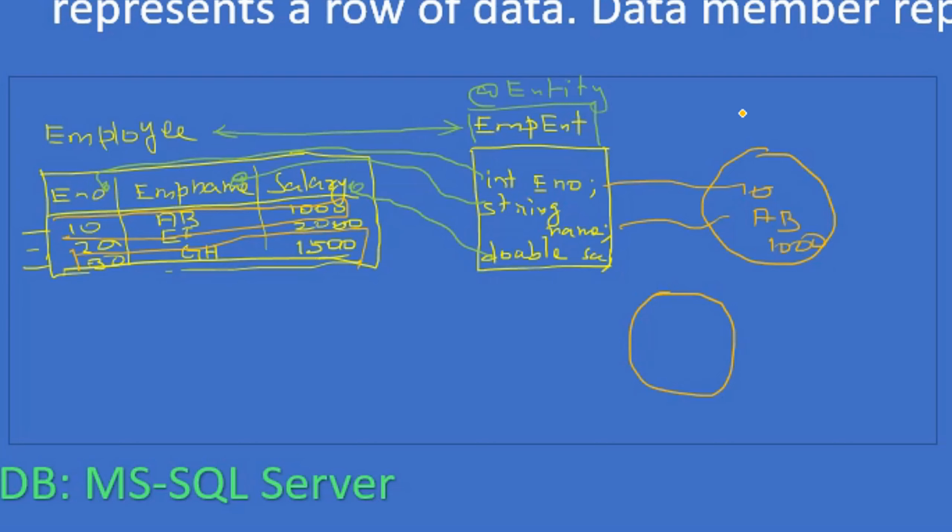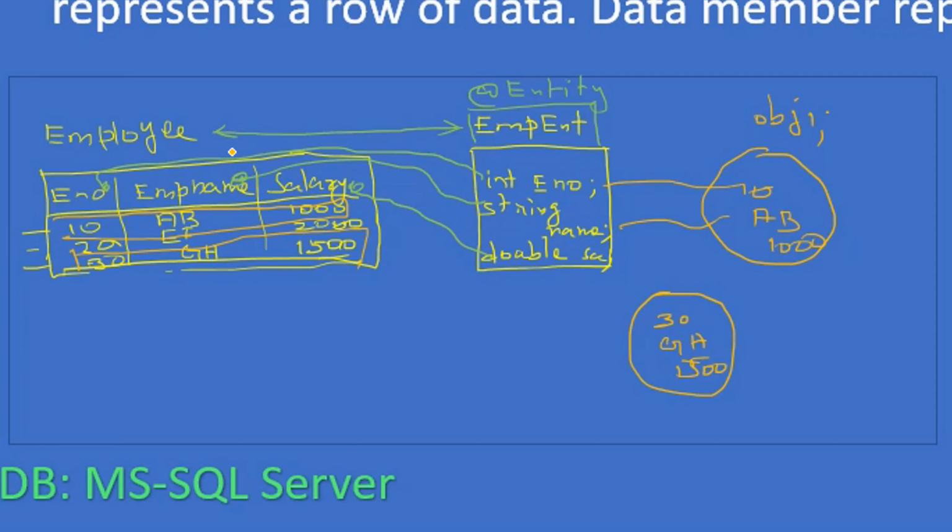Let's call this entity instance 1, which represents a row. The second instance represents a different row, with name gh and salary 1500. This is how you should visualize it.